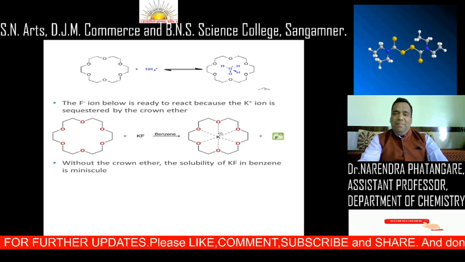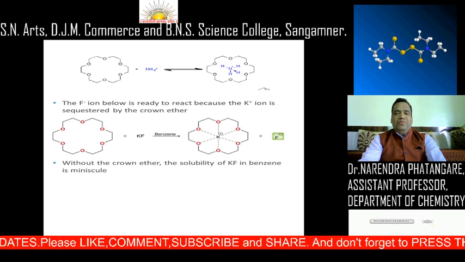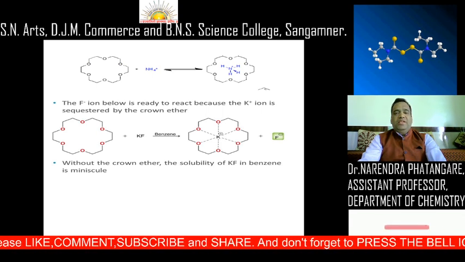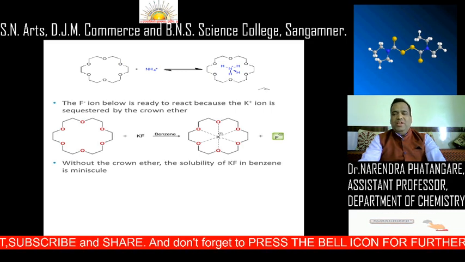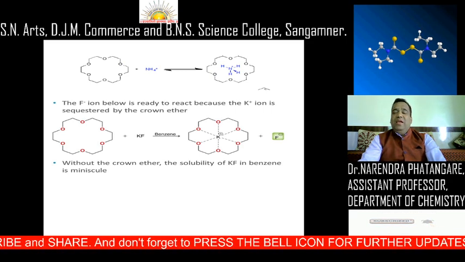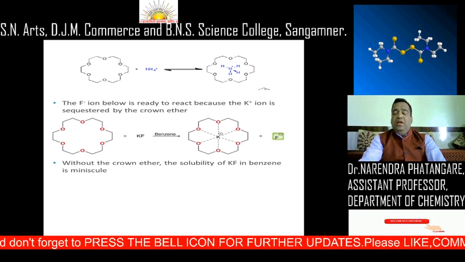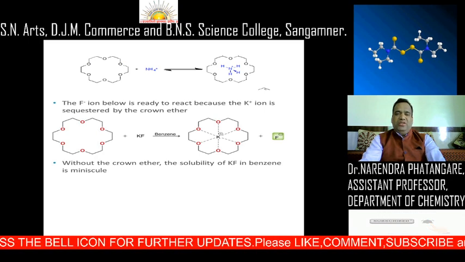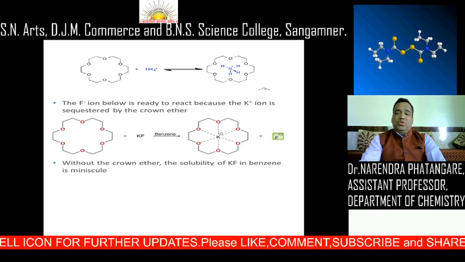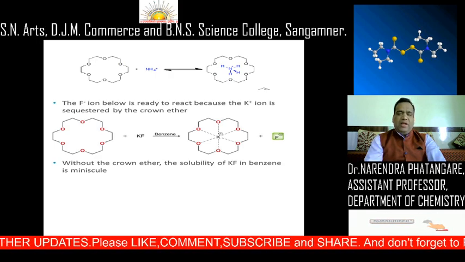That means the K+ ion has a suitable radius for the cavity of the 18-crown-6, and therefore K+ gets entrapped inside the cavity of the 18-crown-6, and F- gets separated out. F- is available for reaction now. Without the crown ether, the solubility of KF in benzene is negligible.